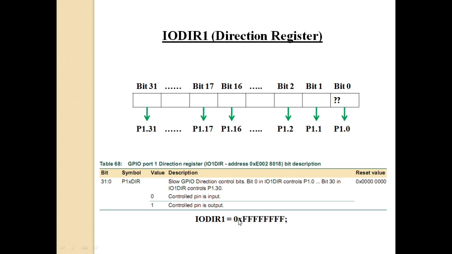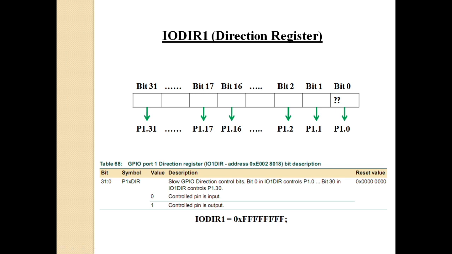So what will be the hexadecimal equivalent of 1 1 1 1? It will be F. So similarly, for 32 ones, the hexadecimal equivalent will be 0xFFFFFFFF. Each F represents 1111, 4 bits. 0x shows that the representation is hexadecimal. If you write 0b before some value, it shows that the bits are binary.